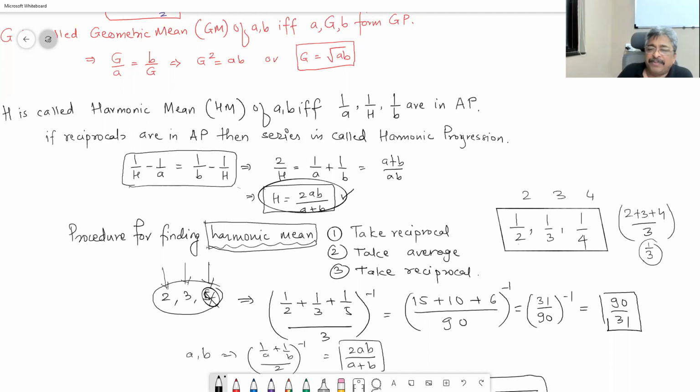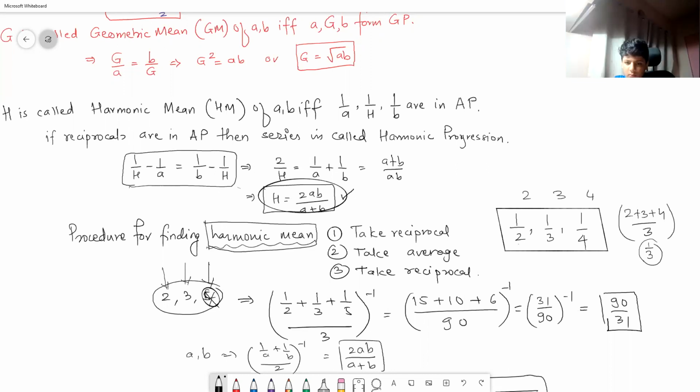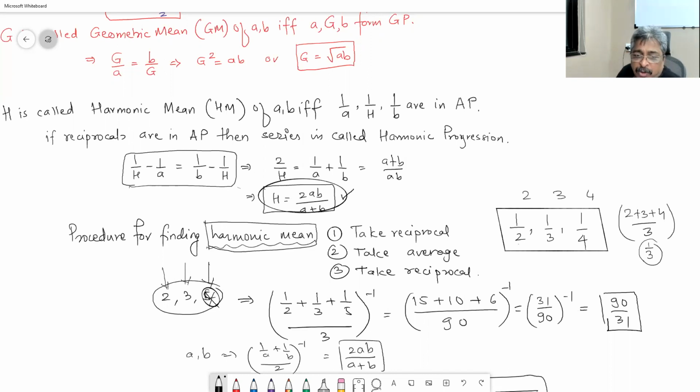If it is two numbers, this is fine, because we can always find the harmonic mean so that the reciprocals form an AP. But if it is more than two numbers, then the mean has an average meaning in that.